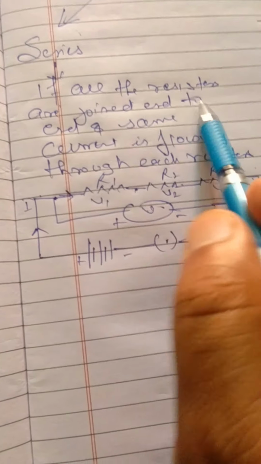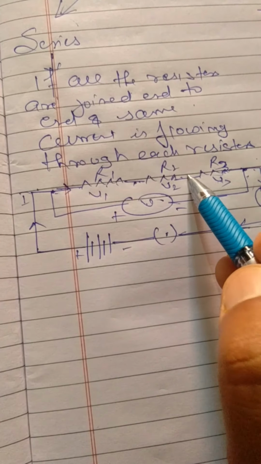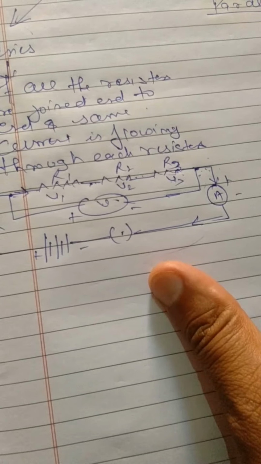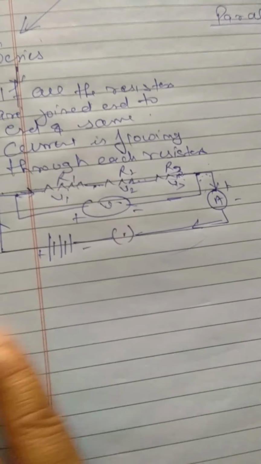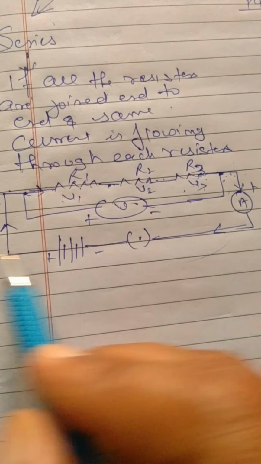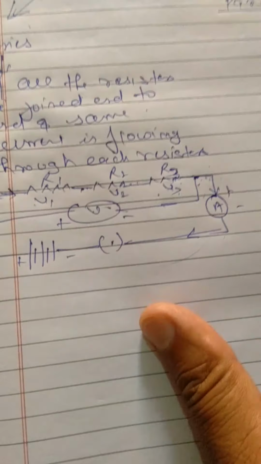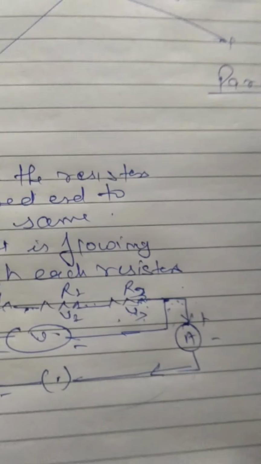If all the resistors are joined end to end, this end to this end, such resistors are said to be in series. Here current will be same and voltage is different across each resistor. Okay beta, second one is parallel.